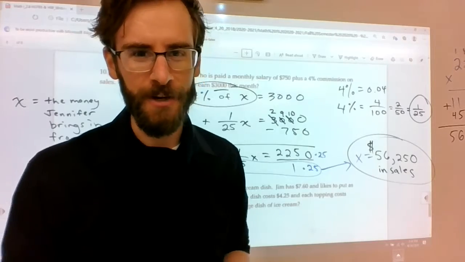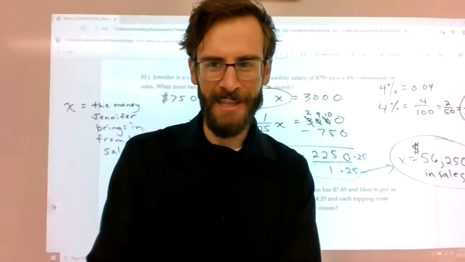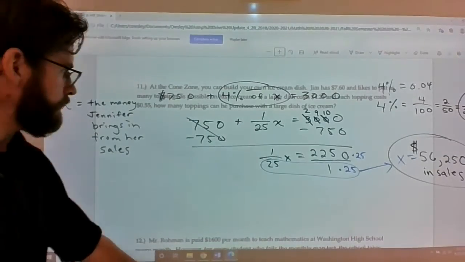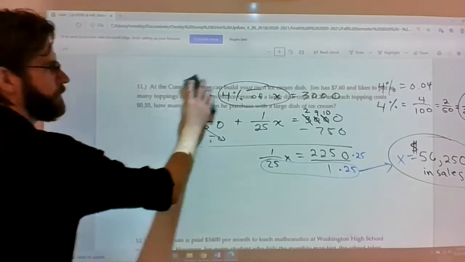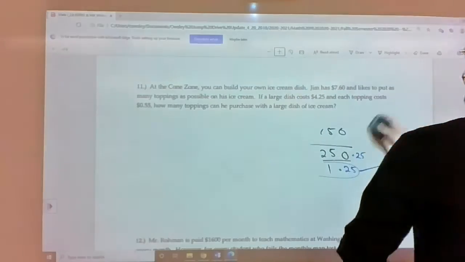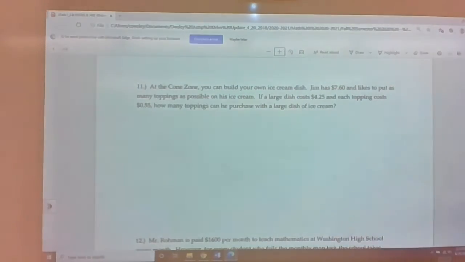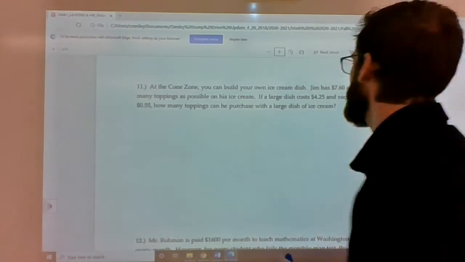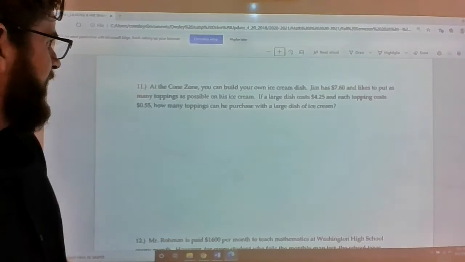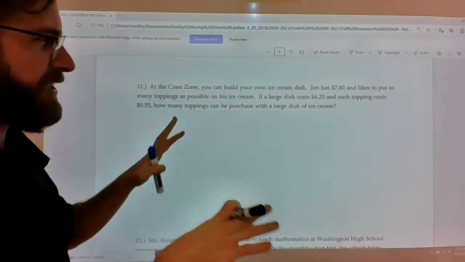Okay, last one. Number 11. So you're at an ice cream shop, the Cone Zone. Jim's got $7.60, and he likes to put as many toppings as possible on his ice cream.